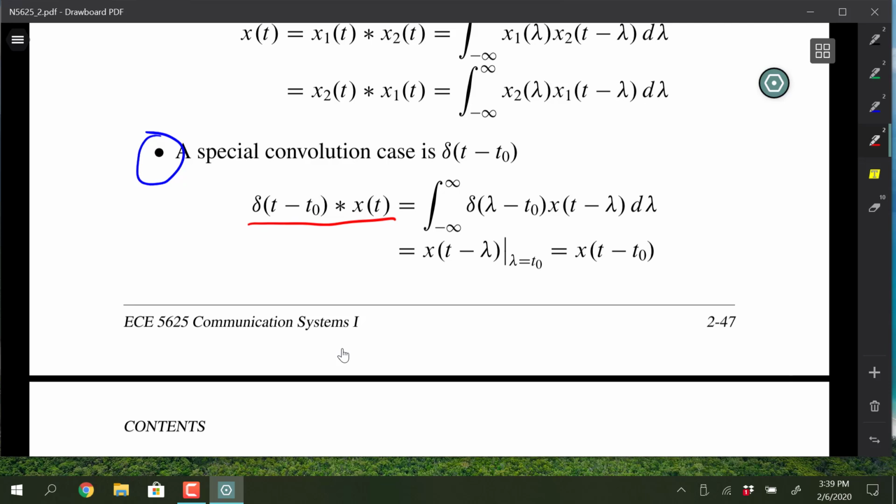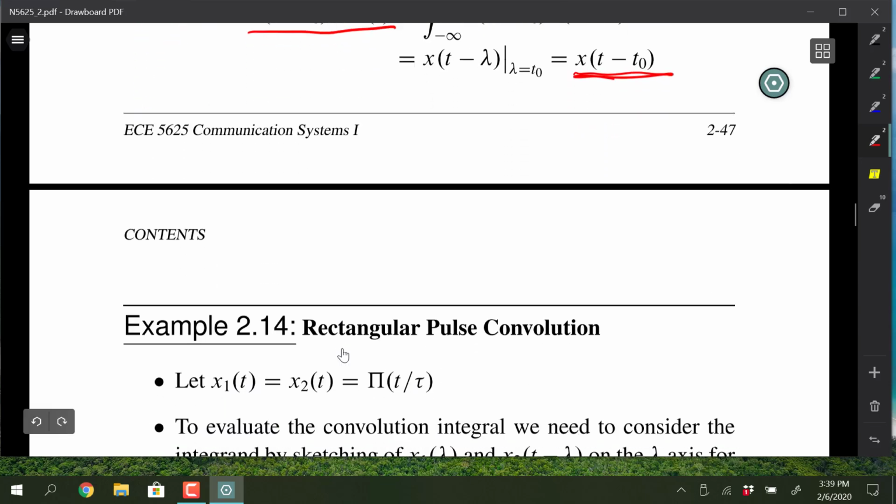You could put a t minus t naught in there for x of t, and you could put delta of t by itself, or one would be shifted by t1, the other shifted by t2, and then when you convolve them, you'll get the combination of the two. So this type of convolution is a no-brainer, right? And you don't balk at that. Say, I will gladly do that convolution, because it's not hard.